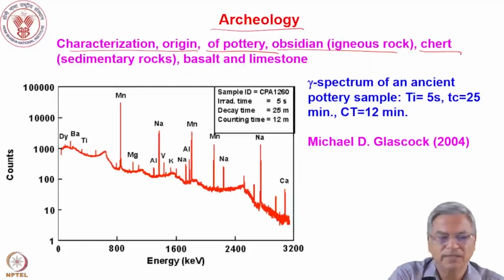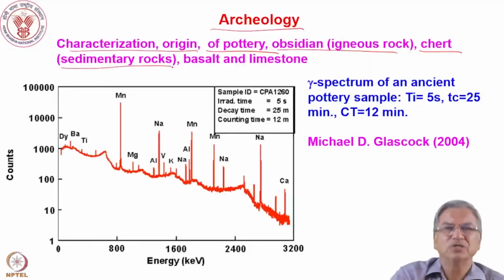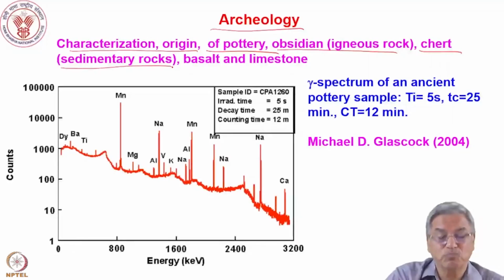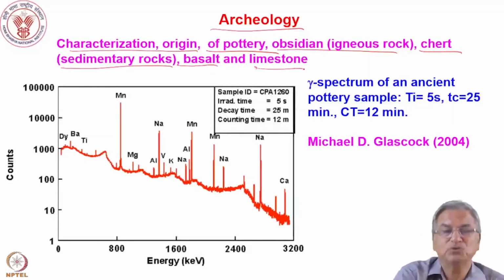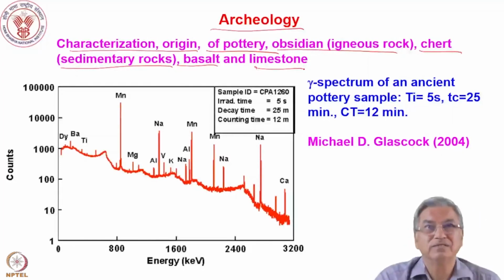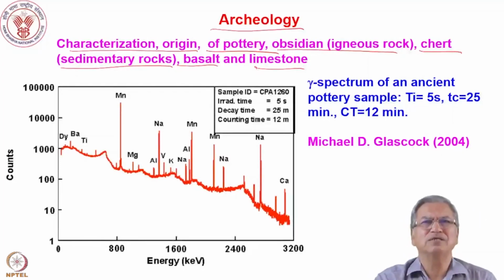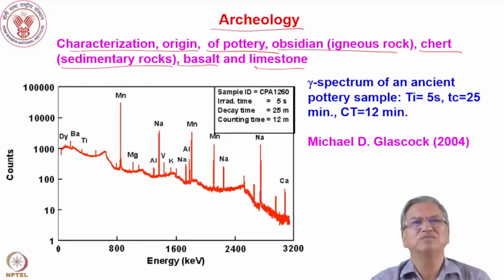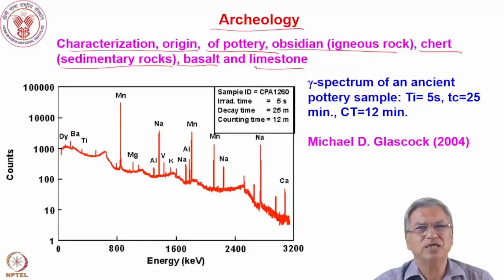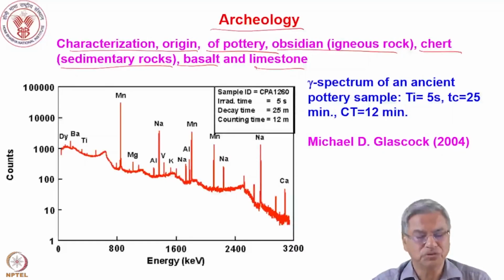The shards, these are sedimentary rocks, and how the sedimentation process took place over a period of time. The basalt and the limestone type of clays, different geological and archaeological samples, you can analyze as data for research and development, or to characterize and determine the origins of these artifacts.